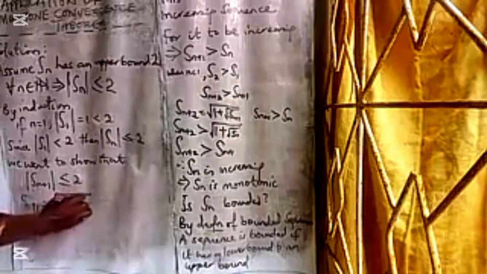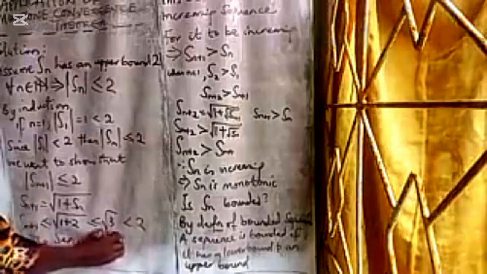What is our Sn plus 1? Sn plus 1 is equal to the square root of 1 plus Sn. But Sn is less than 2, as we have assumed 2 to be the upper bound. It means that what? Sn plus 1 will be less than or equal to the square root of 1 plus 2, which is less than or equal to the square root of 3, and that is less than 2.